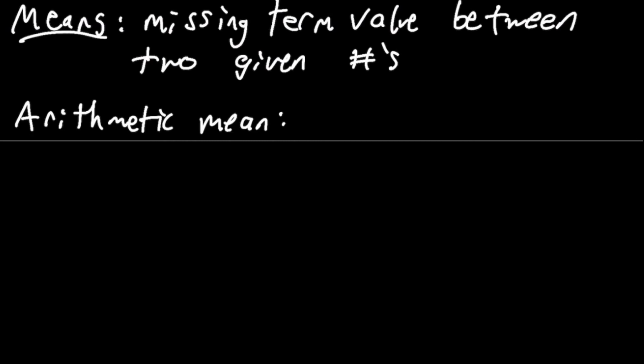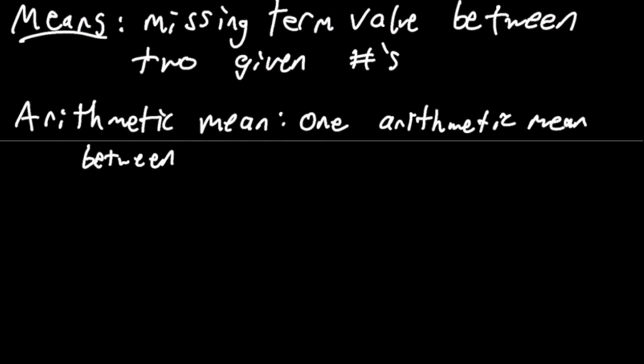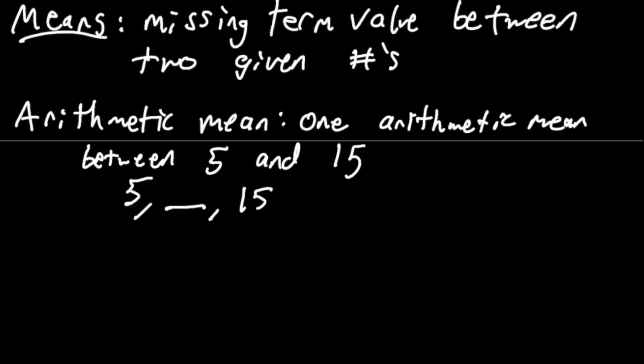So the arithmetic mean, for example, one arithmetic mean between 5 and 15 can be set up as kind of like a puzzle. We're looking at 5. We have one missing number in between, and then the last term value is 15 here.